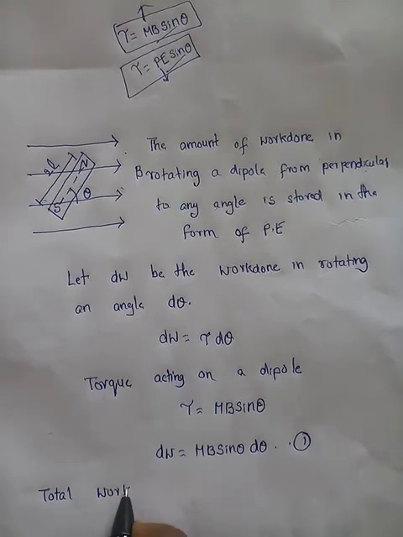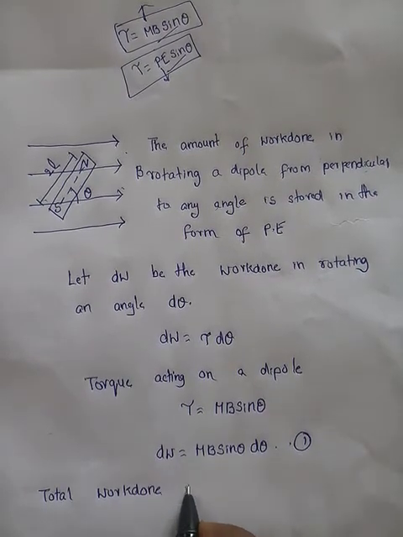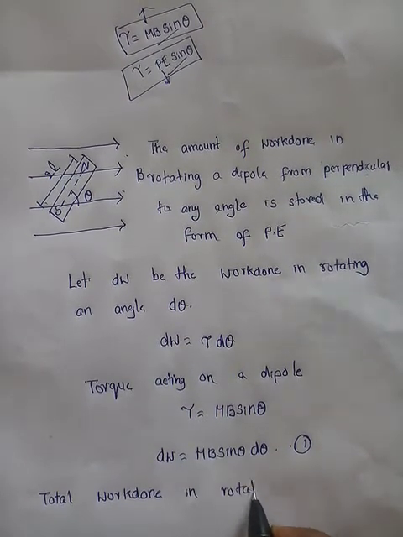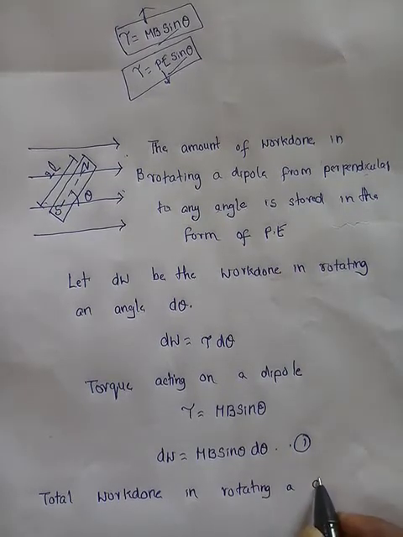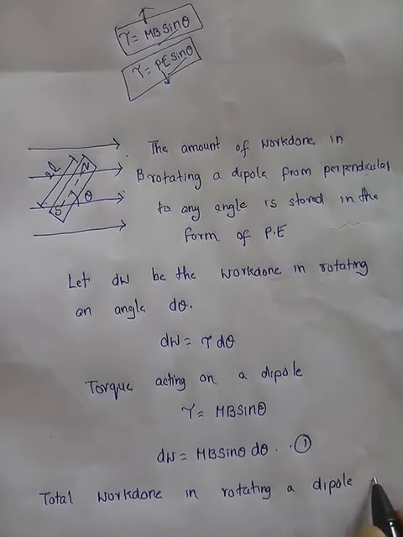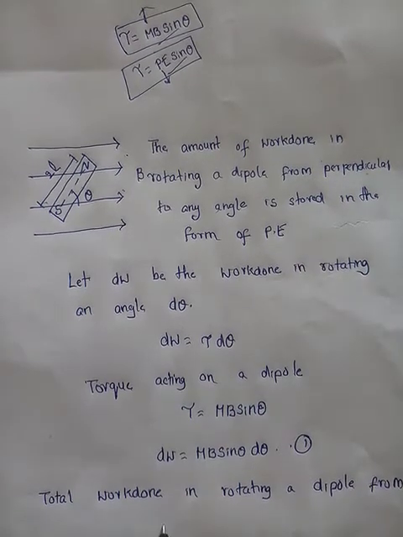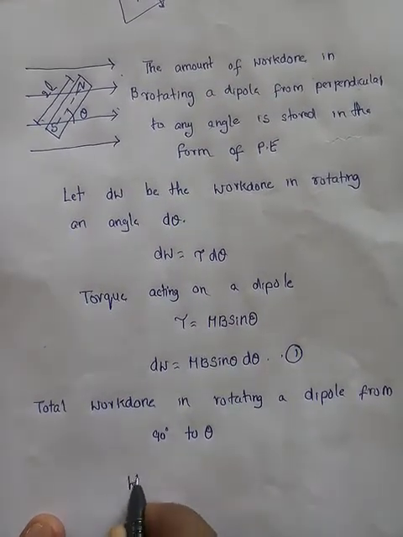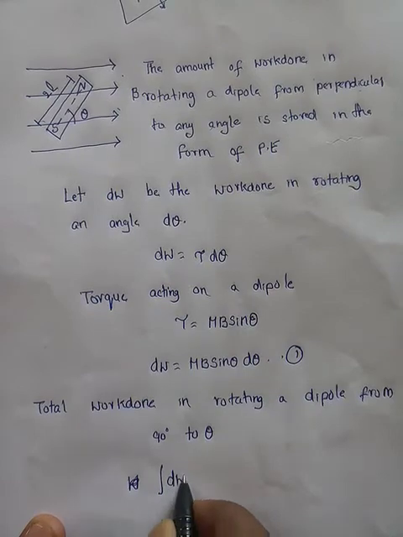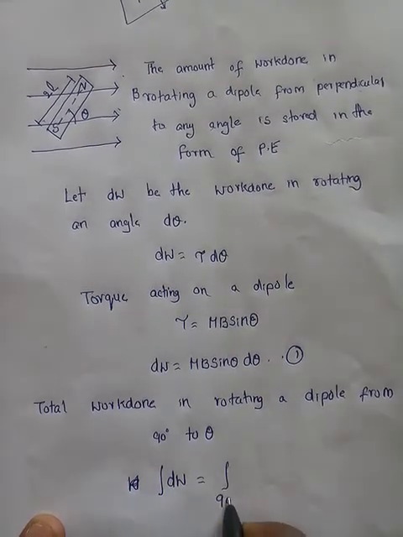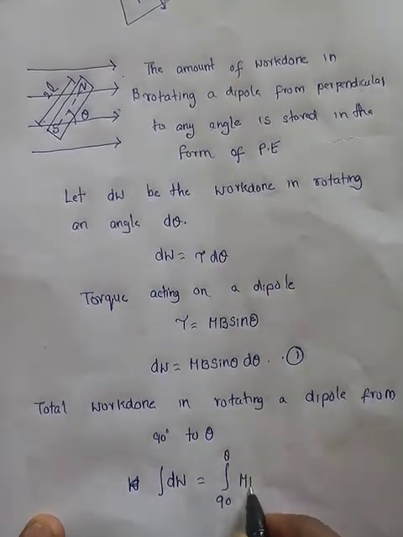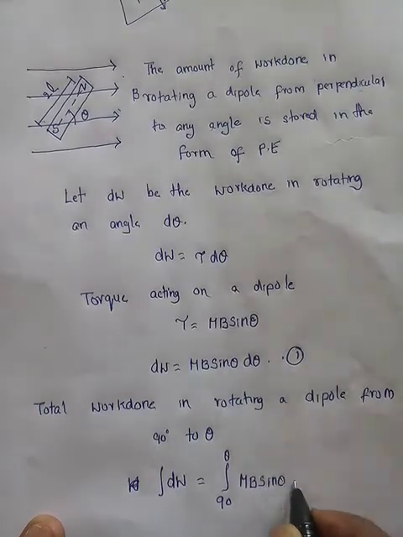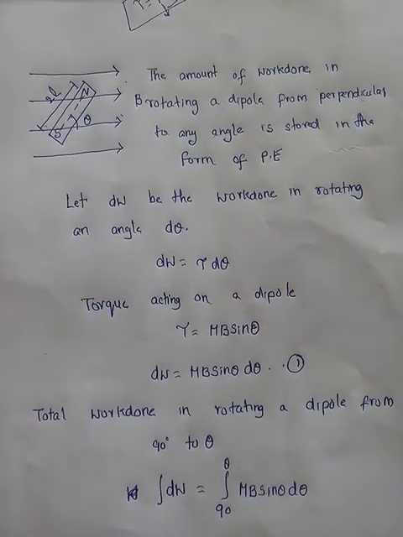So we can write the total work done in rotating a dipole or bar magnet from 90 degrees to theta as the integration of dW equals the integration from 90 to theta of mB sin theta d theta. What is the integration of dW?